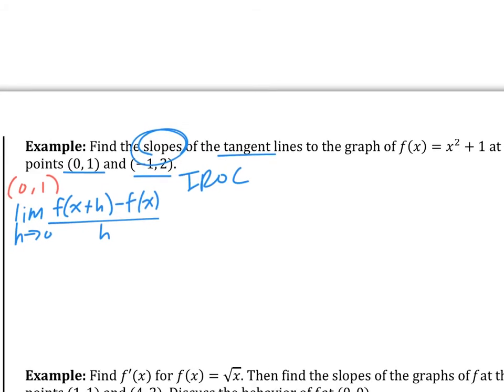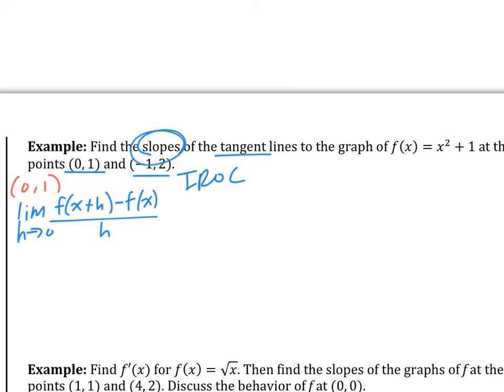Okay, so what we're going to do is plug that in. F of x plus h means anywhere you have an x, you put x plus h.